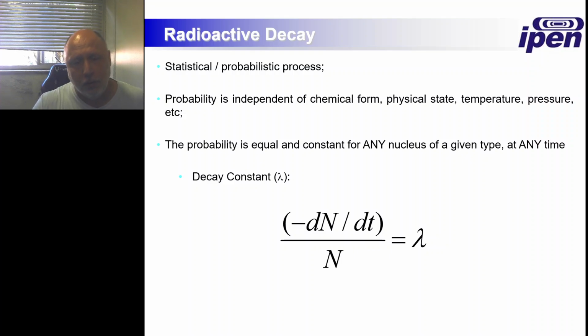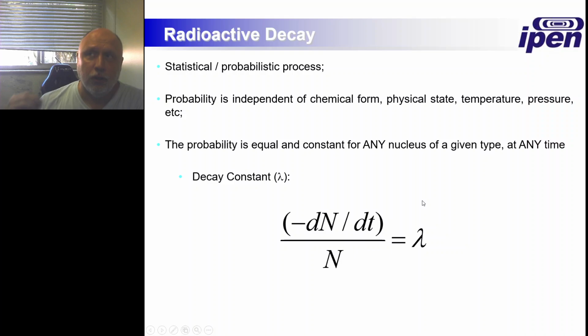And then this here is just a measurement. The larger this number, the quicker the decay happens. It's easy to understand. This is per second, so if there's a large chance it will decay per second, it will decay faster.